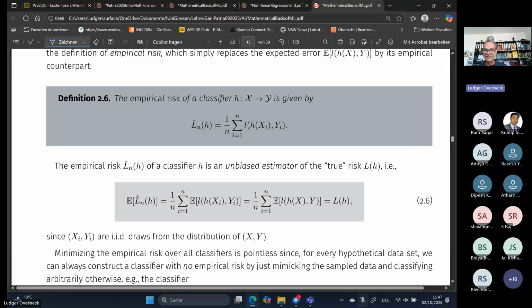If you have data set today, data set tomorrow, and so on, if you do the same HN each time, on average, you get the true risk of H. Since that's our assumption on data. Data means they're all drawn from the same ground truth.